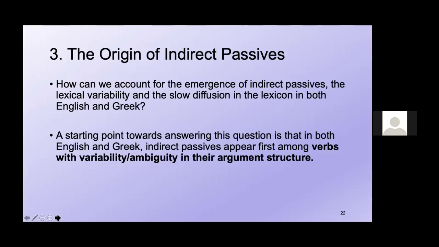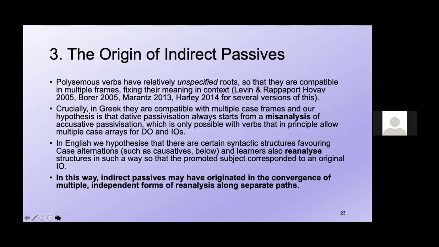One starting point for this is that in both English and Greek, indirect passives first appear among verbs with considerable variability or ambiguity in their argument structure. So, polysemous verbs have been argued to have relatively unspecified roots which are compatible with multiple frames so that their meaning is fixed in context, and several different versions of this have been proposed in the literature.